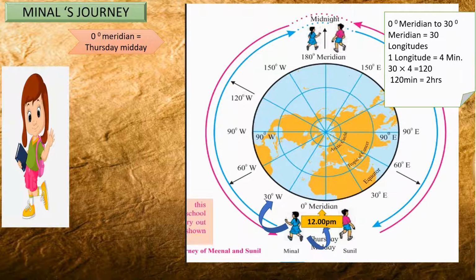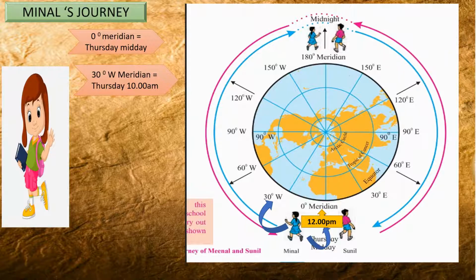Yes, 2 hours. So from the 0° meridian to the 30° meridian, there is a time difference of 2 hours. So if at the 0° meridian it is 12 p.m. in the afternoon, at the 30° meridian it will be 10 o'clock, Thursday morning, 10 a.m.